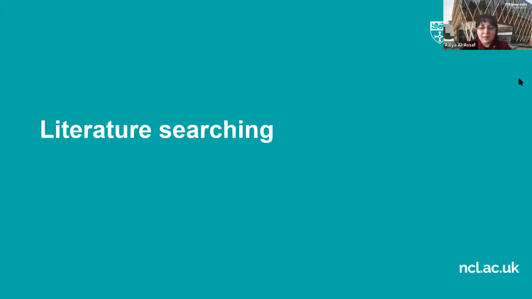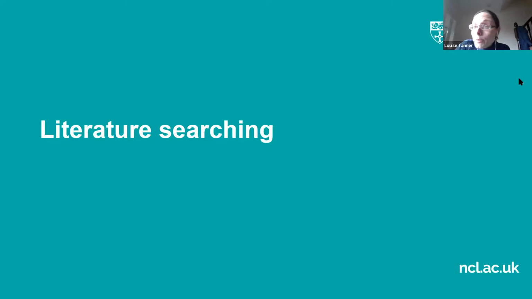Yeah, it's a really good question. So what I would say is that in general, it is better to define all of your methods and try not to change them, because if you change your methods, then it could potentially introduce biases into your review. However, it's often the case that the methods have to be tweaked a bit for various reasons.